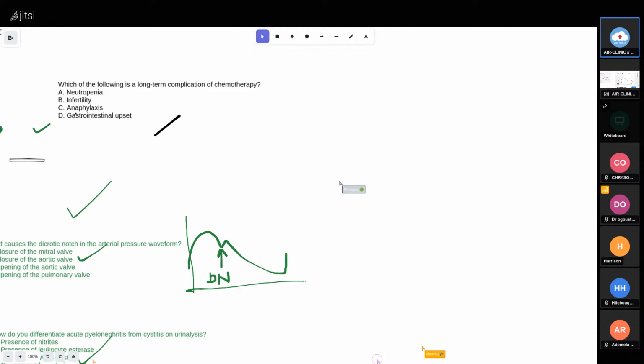It's not yet fully left circumflex until it gives off that left marginal artery, which supplies the left border of the heart. Then it turns behind to form the left circumflex artery, because it's only the left that has a circumflex, and comes behind to anastomose with something that I'm going to show you now.